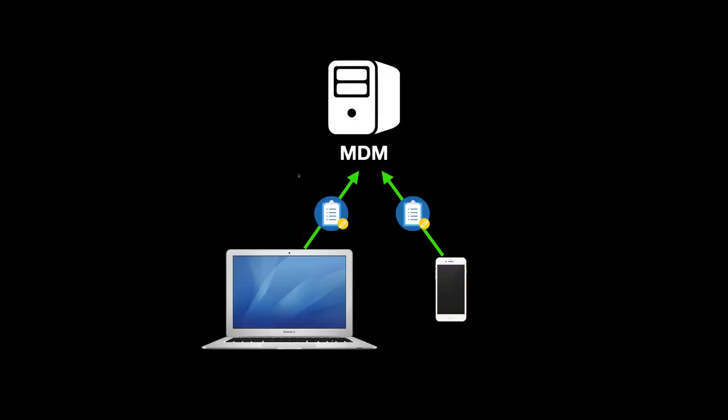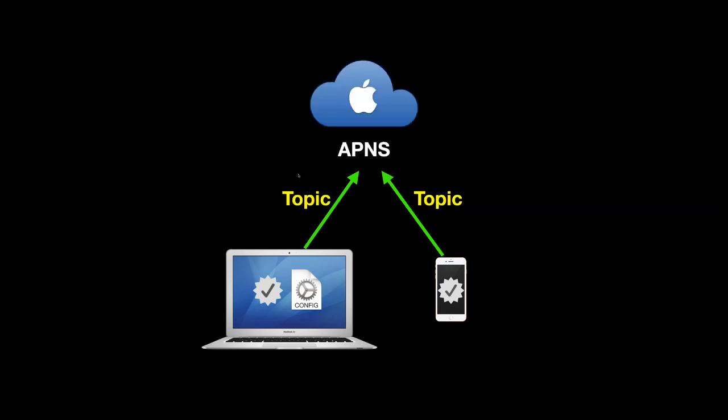The device connects to your MDM server and sends in an enrollment request. As part of the enrollment process, the MDM configuration profile is downloaded to the device. The device is now managed by the MDM server and it's able to communicate securely. Now that the MDM profile is in place, the device will register itself with APNS using the topic.